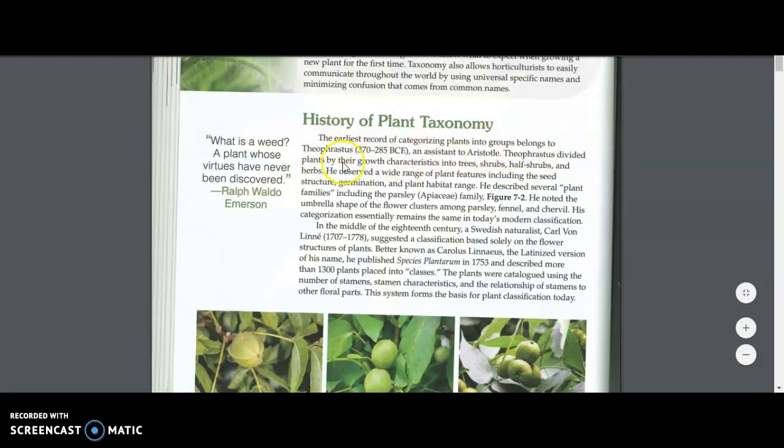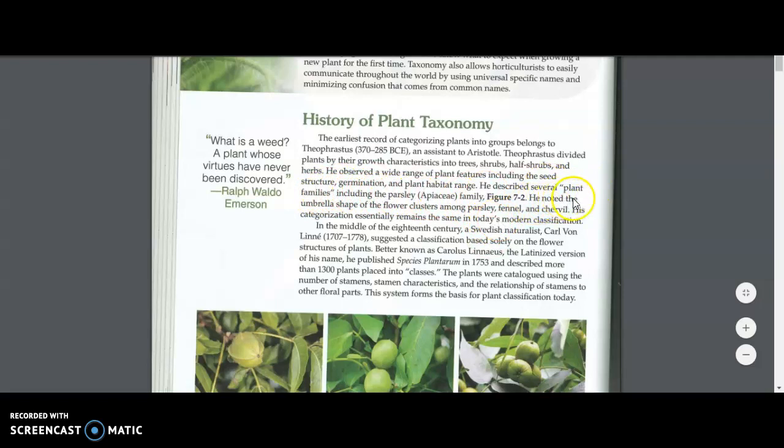Theophrastus divided plants by their growth characteristics into trees, shrubs, half-shrubs, and herbs. He observed a wide range of plants' features, including the seed structure, germination, and plant habitat range. He described several plant families, including the parsley family.